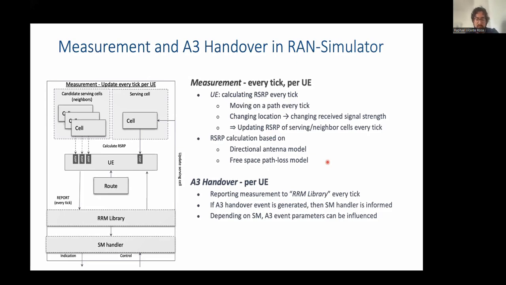For instance, in the case of mobile handover, it would trigger an event of RSRP or RRC UE connected status, and the mobile handover service model or application would trigger a specific handover for that.